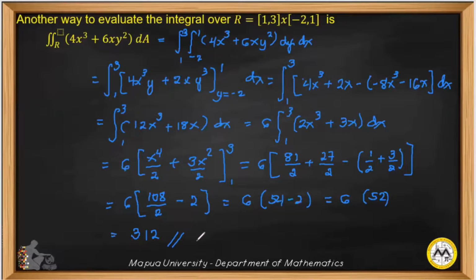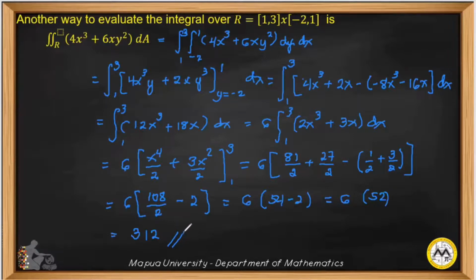Of course, if we reverse the order, using the differential of a equals dy dx, since the region is rectangular, it must give us the same value of the integral, 312.